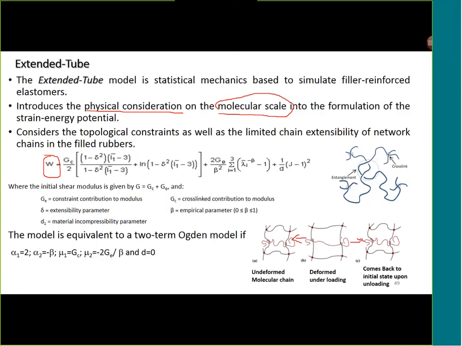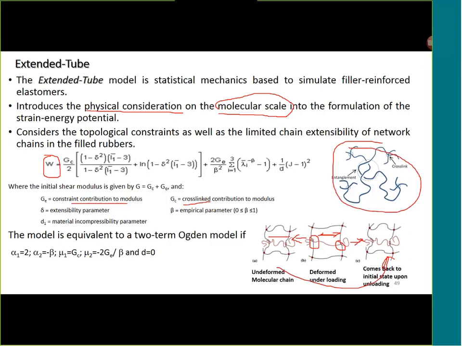Upon unloading, the strain comes back to the original shape. So in this model, we consider the limit up to which this chain can be stretched, how much it can stretch. That is called the constraint boundary distribution modulus, and we also consider the cross-link density.